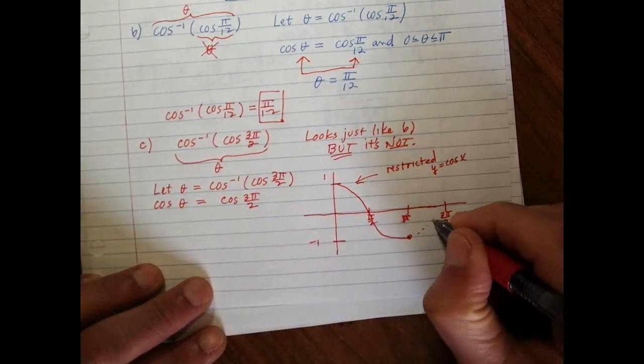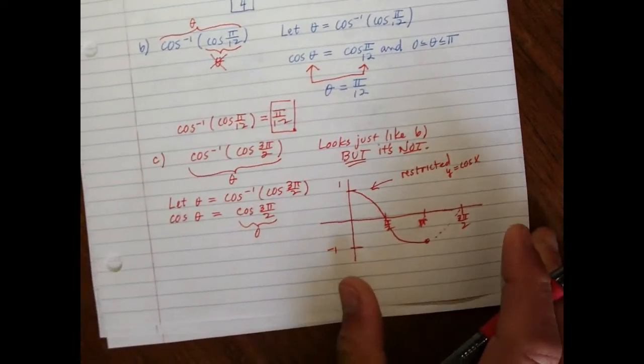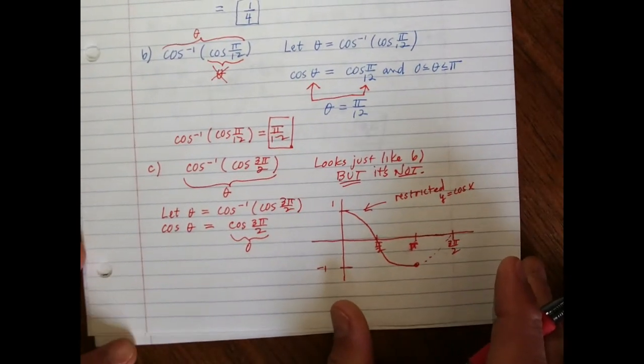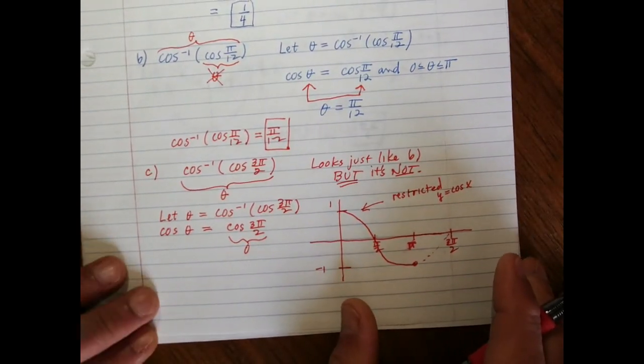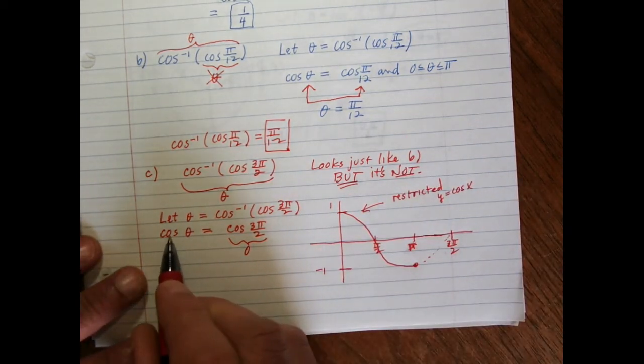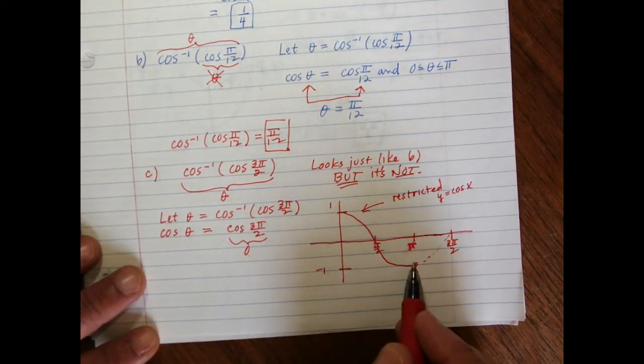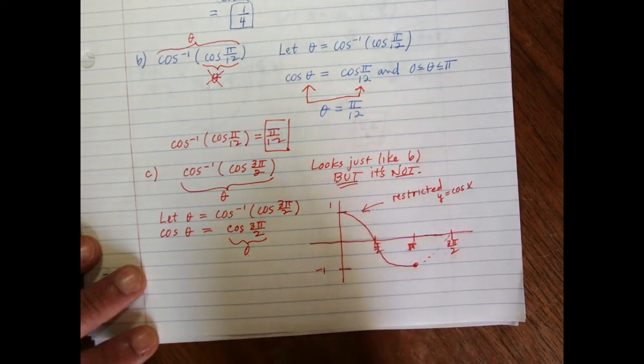Cosine of 3 pi over 2, we know that's 0, right? Cosine of 3 pi over 2 is 0. But the theta we want here is an angle whose cosine is 0, but lies within the restricted domain.